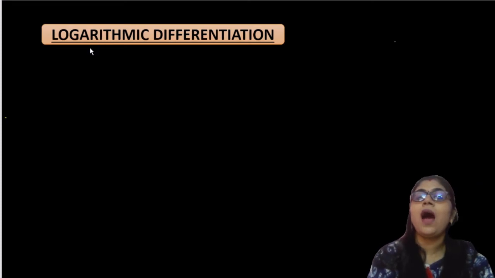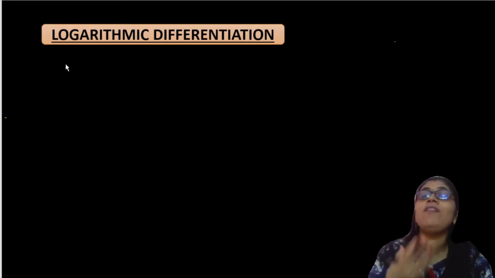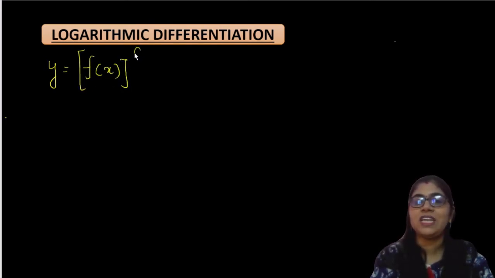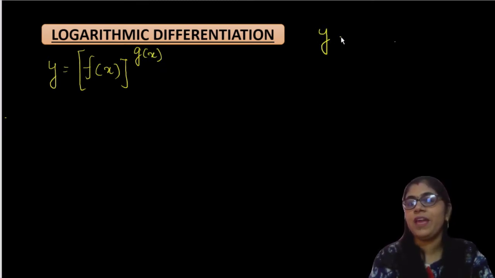So, how will we apply logarithmic differentiation? Suppose a function y is given in the form f(x) whole to the power g(x). In our example, we have taken y equal to sin x to the power x.